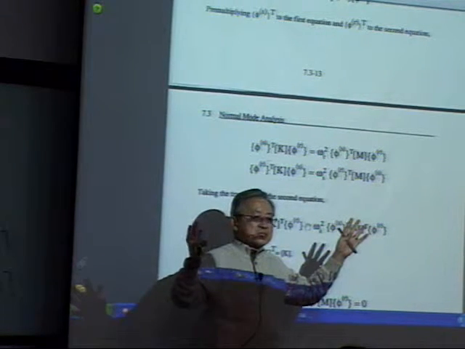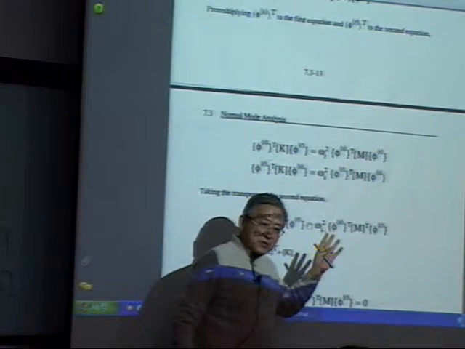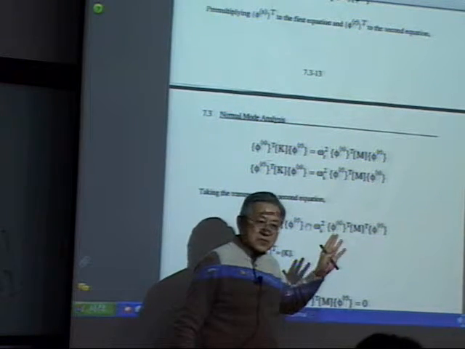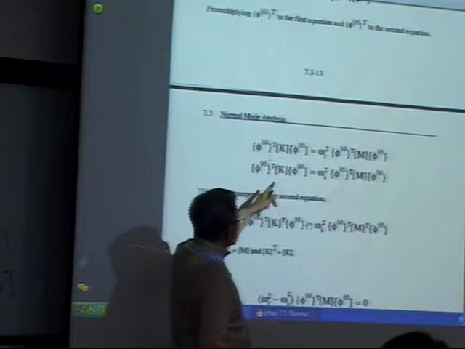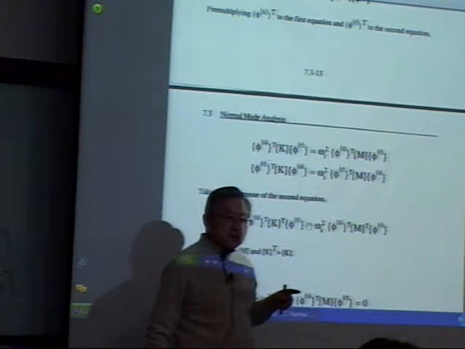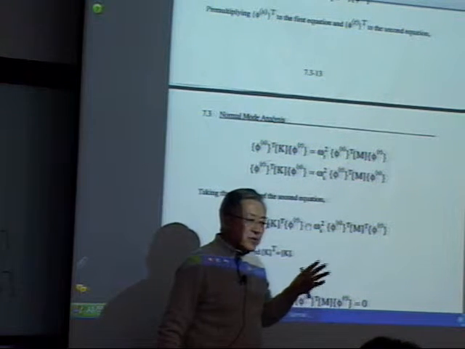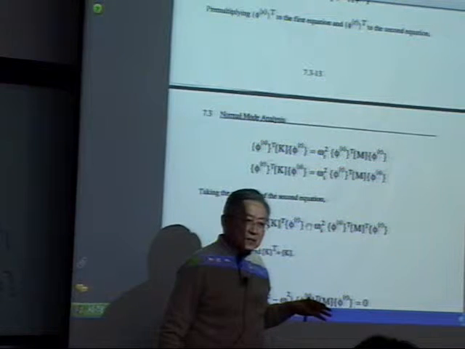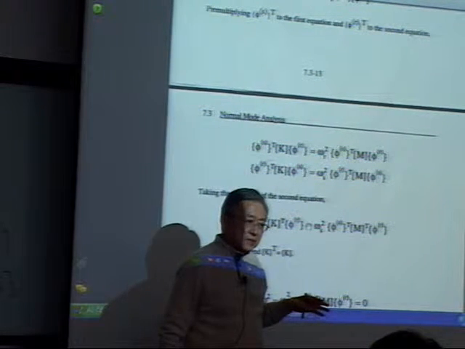Initial setup, non-symmetric. But for a structural dynamics problem, no fluid, it's always symmetric. So K is symmetric. If K is symmetric, what does it mean? Transpose is the same as the original matrix. Okay?